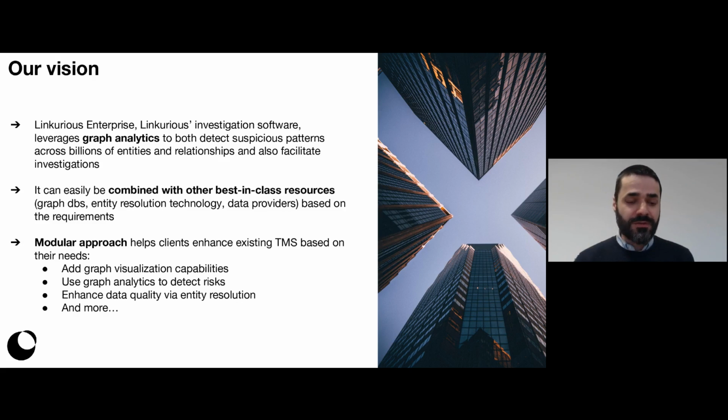Examples include the ability to add graph visualization capabilities to a TMS. Other clients want to leverage graph analytics to uncover new risks. We also have clients interested in data quality, enriching the existing data with third-party data via entity resolution. And all of that can be done via the platform, and much more.